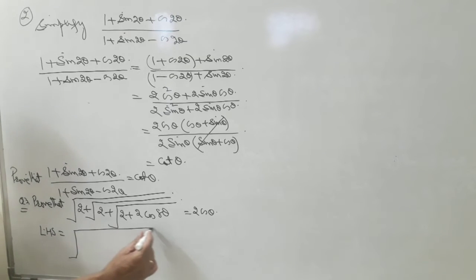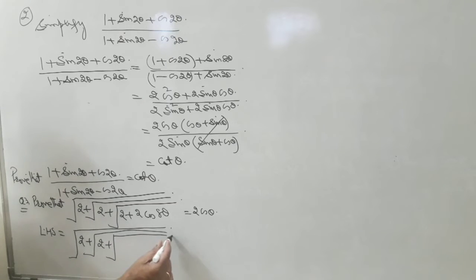See, it is 2 plus under root of 2 plus under root of 2 common 1 plus cos 8 theta. Write in this way, because we want the answer in terms of theta only.